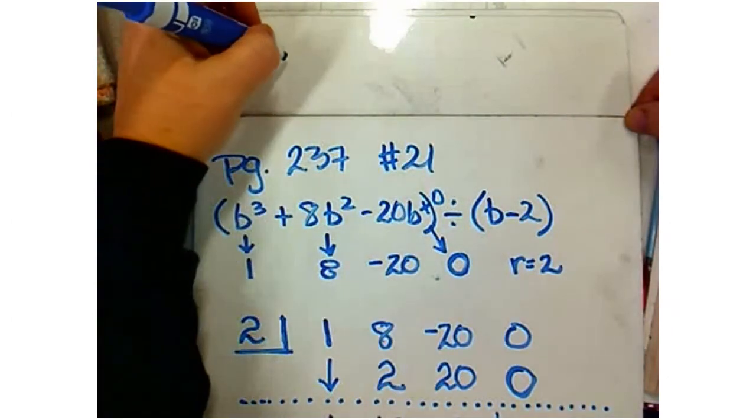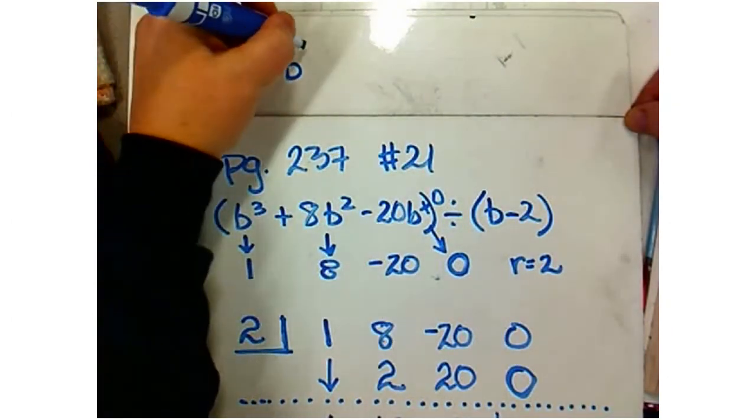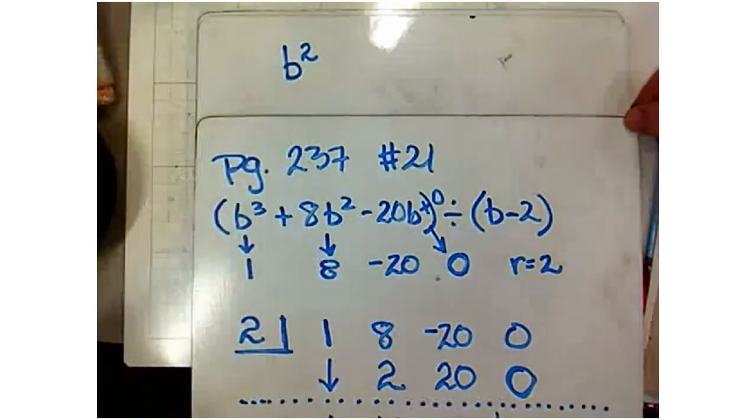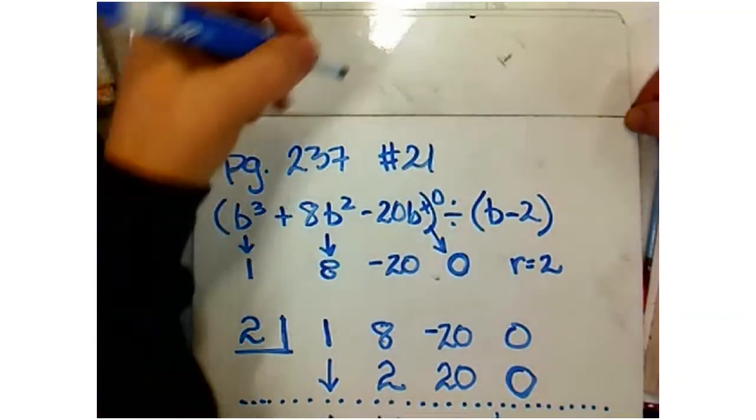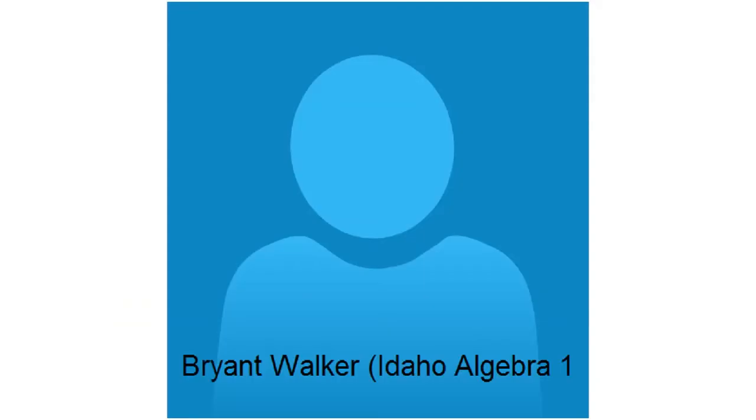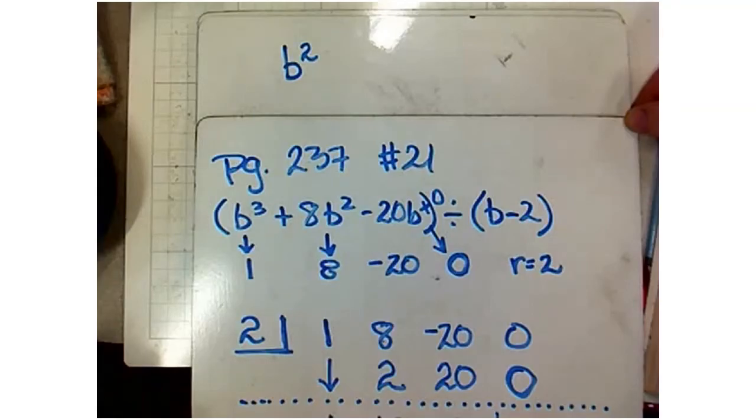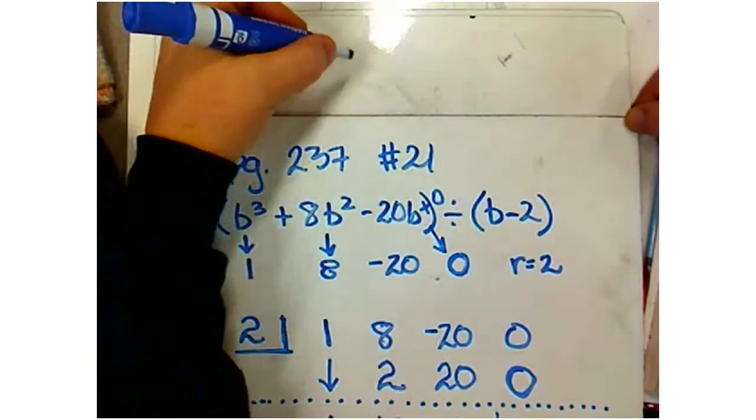B squared, right? Okay, so you're going to write b squared. Just go down and over and write your answer. B squared. Doesn't need to be lined up with anything, right? Now it's just your answer. So down and over and write b to the second power. Okay. Bring it on down with a dot 5.